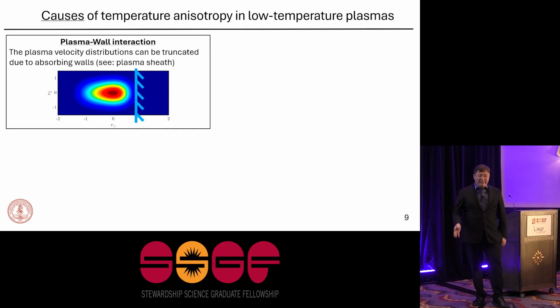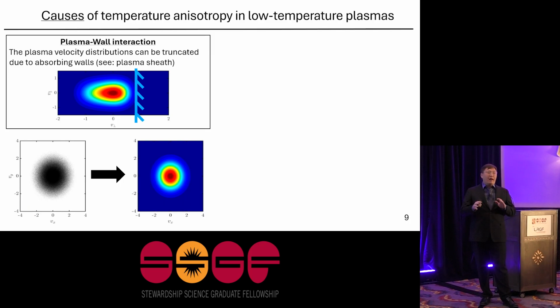So we're going to focus on the particular kinetic effect of temperature anisotropy. What I'm showing here is a representative velocity distribution function. You can think of it as a continuous version of the particle phase space density plots I showed on the earlier slide.